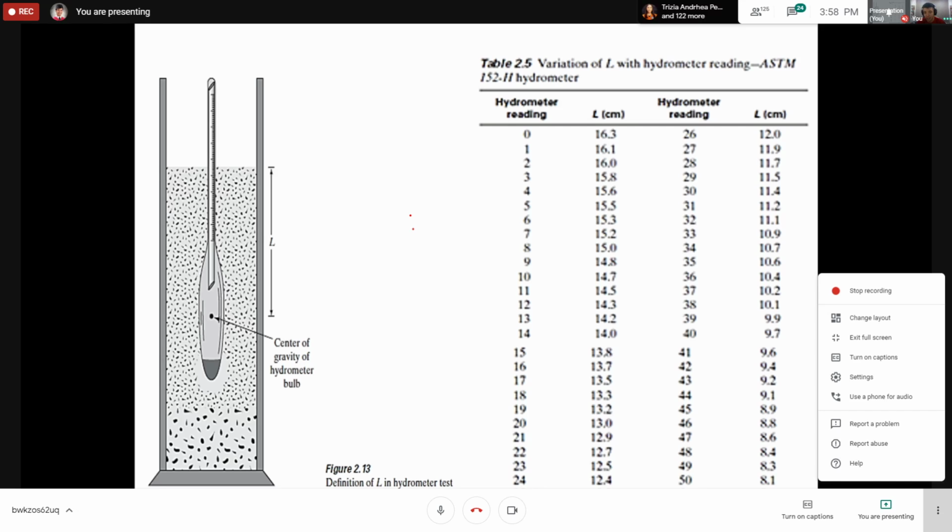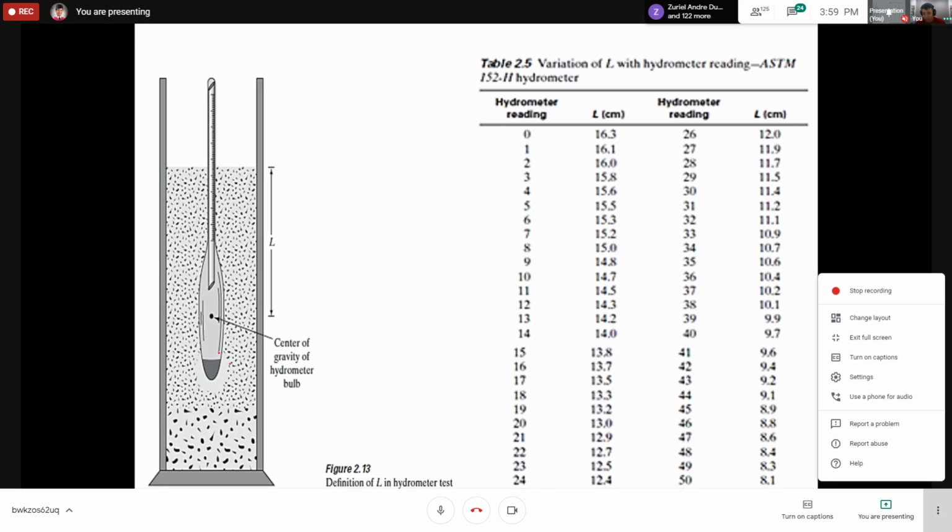It could be after 60 seconds, after 3 minutes, after 60 minutes, and so on and so forth. Now again, the main objective of this particular experiment is to determine the particle size distribution of fine particles.